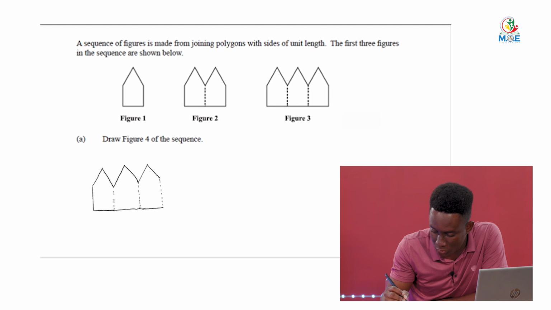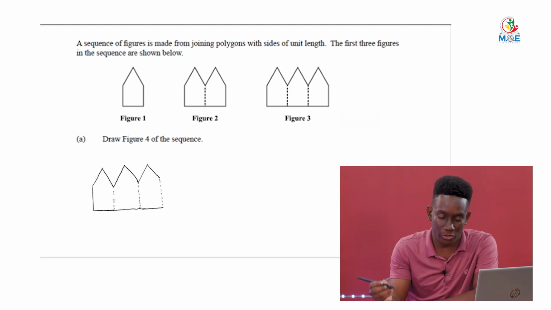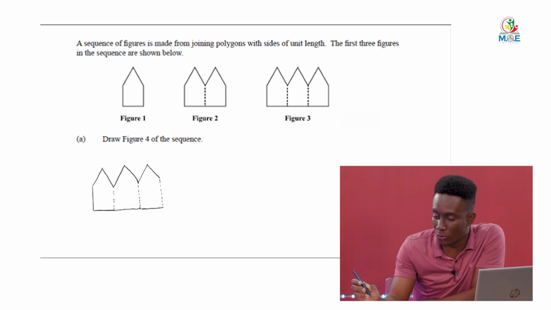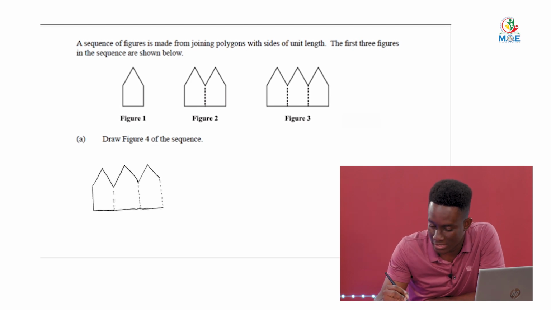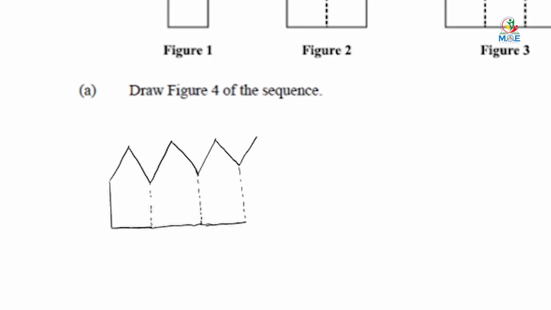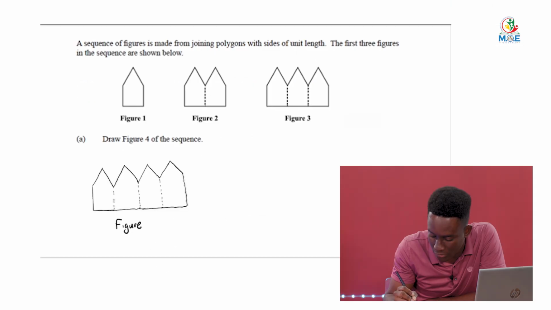For these questions, you want to use the ruler but it's difficult to use the ruler on this here. So for figure 4, I will extend it by drawing in 4 other sides. I draw in this roof looking part, I'll draw down here, and then I will close off the side by doing this, and connect here. And this will be figure 4.